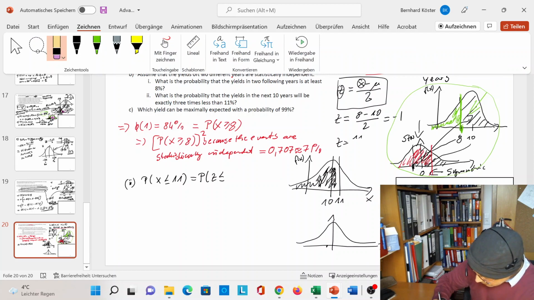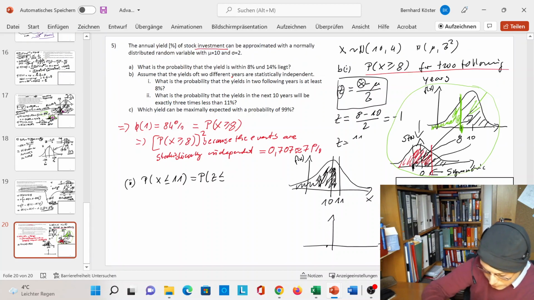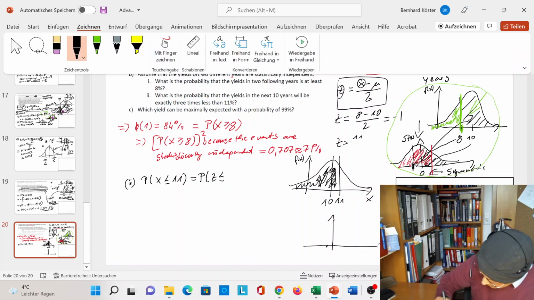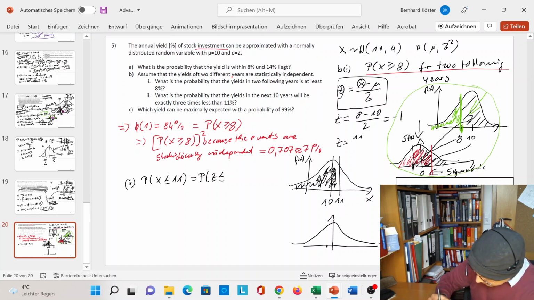So, and now we have 0.5 here, and this 0.5 comes from 11 minus 10 over 2 is 0.5.